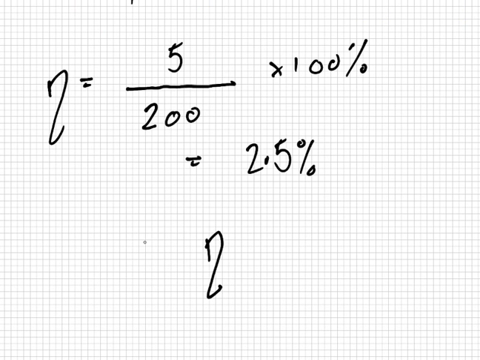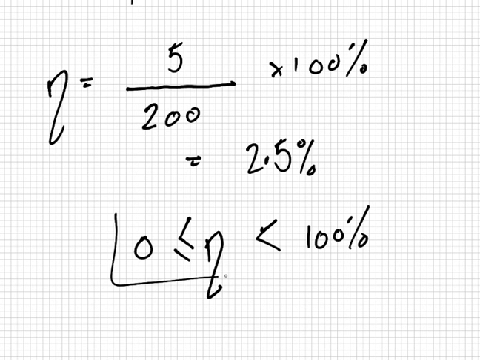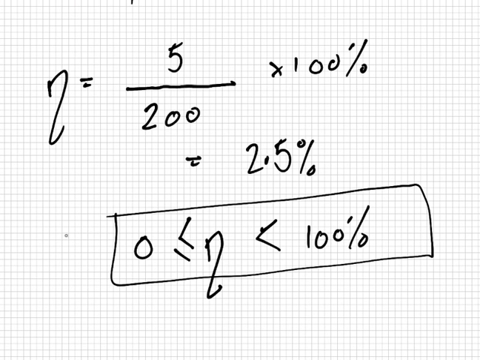Creating more energy than what you put in, which breaks the law. Yes, it certainly does. So it must be less than 100%. In fact, I would say 100% is impossible. Can you make note of that? That's important to know.